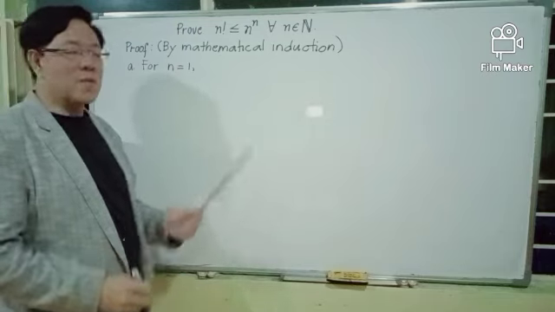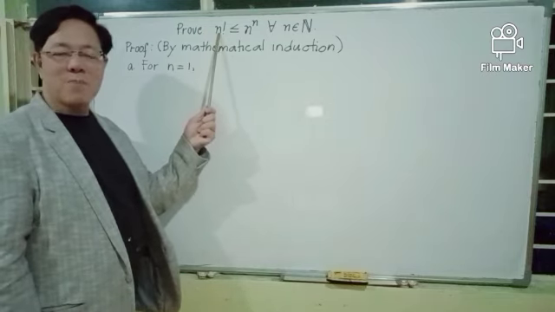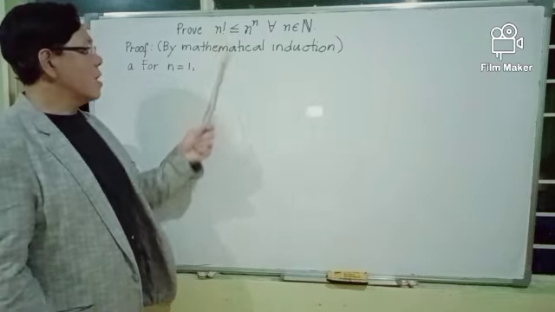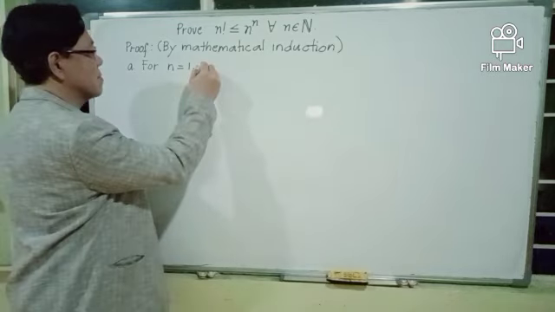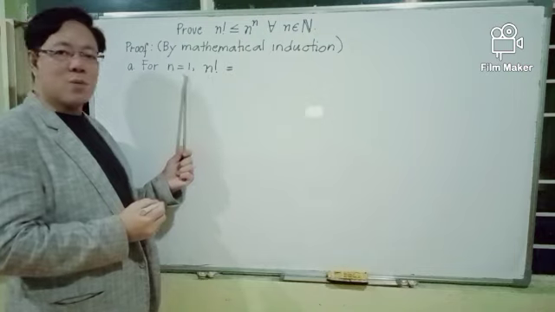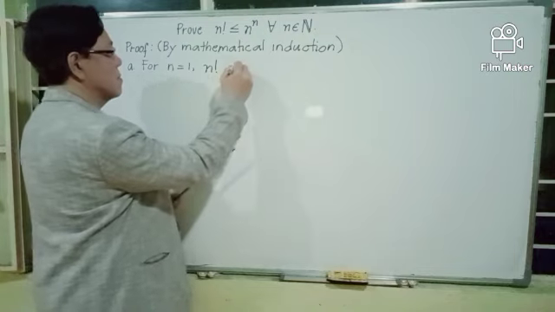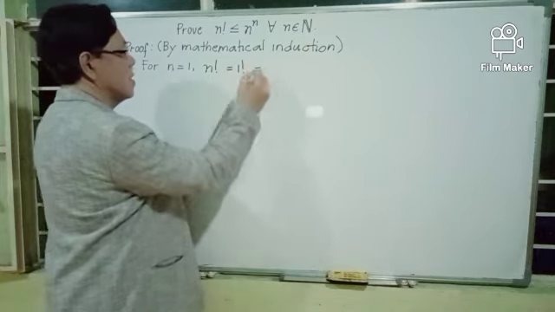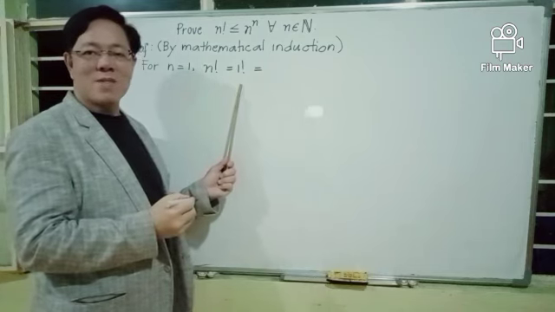For n is 1, we start from the left-hand side of this mathematical statement. N factorial, equal to n is 1, 1 factorial. And 1 factorial is 1.